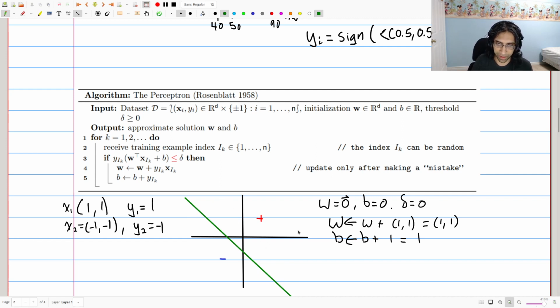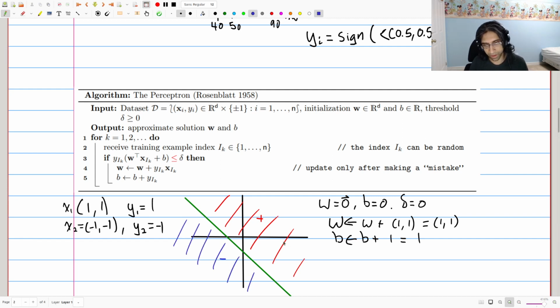This represents the line which has parameters 1, 1 and b equal to 1. And anything that's up and to the right of it is going to be plus classified, and anything over here on this side of it is going to be minus classified.